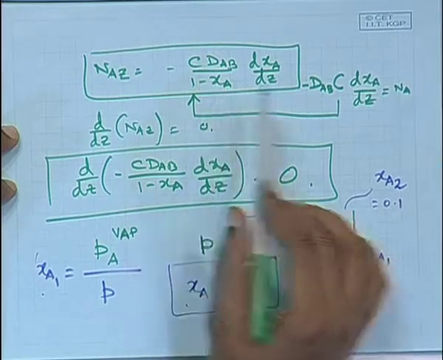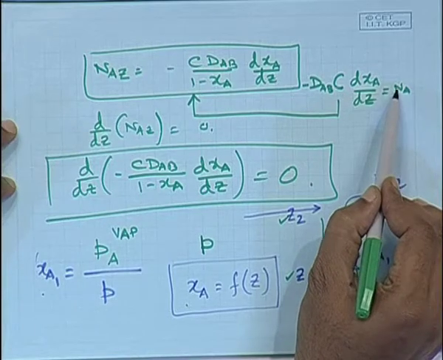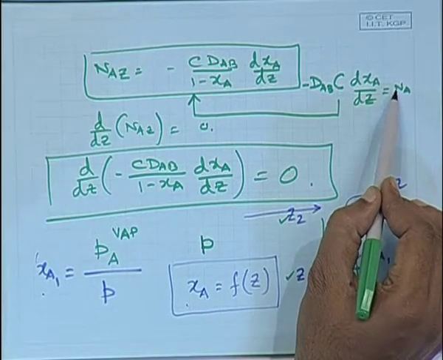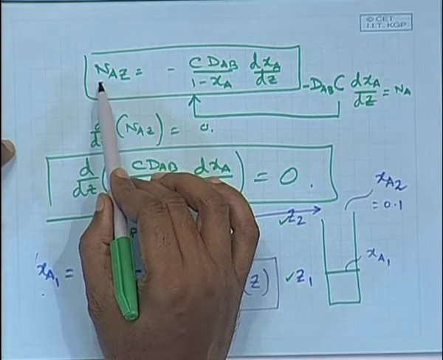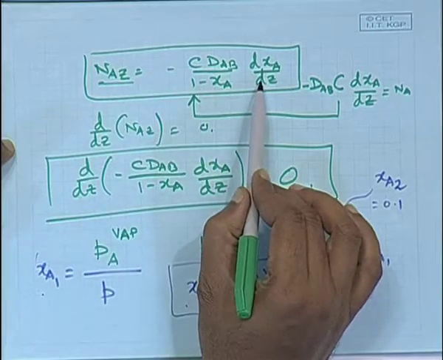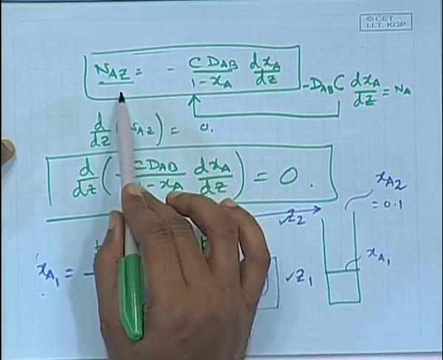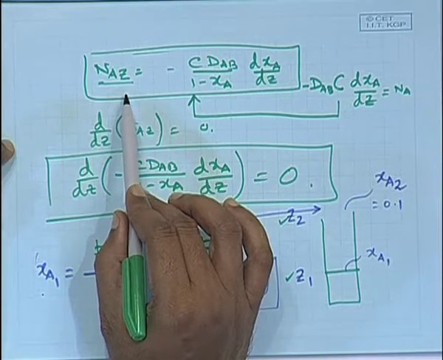This statement would be true if it were a diffusion only case, but it is not a diffusion only situation. You have previously evaluated this expression. So, this is the expression that you should use to find out how much evaporation is taking place.